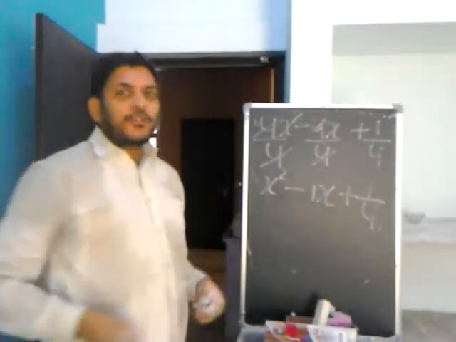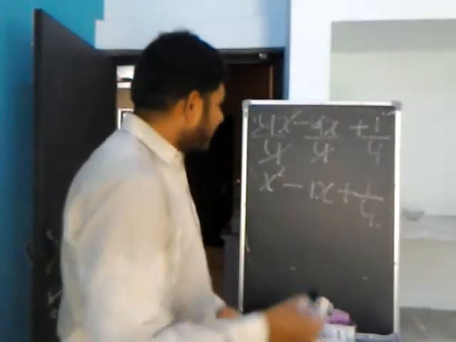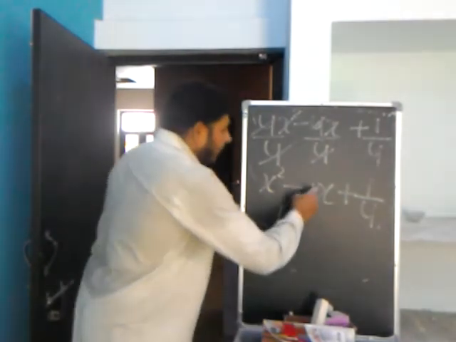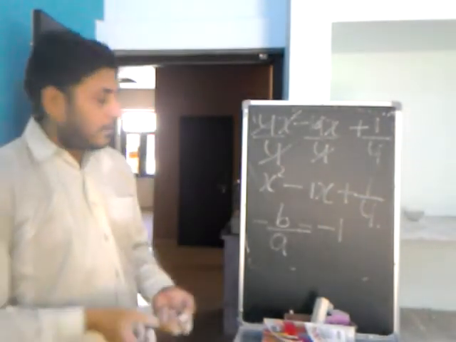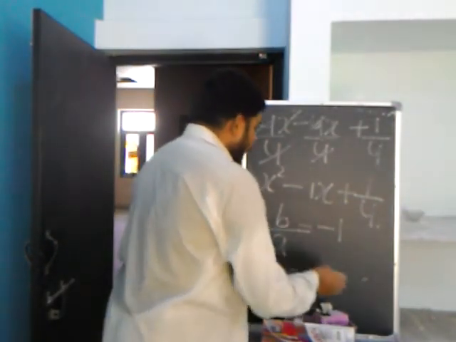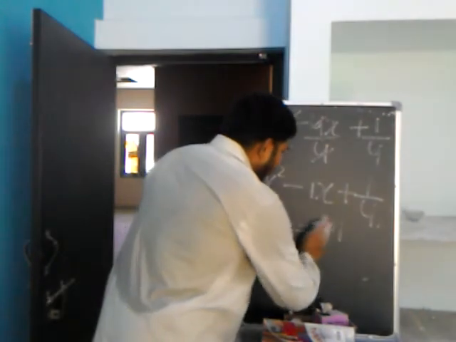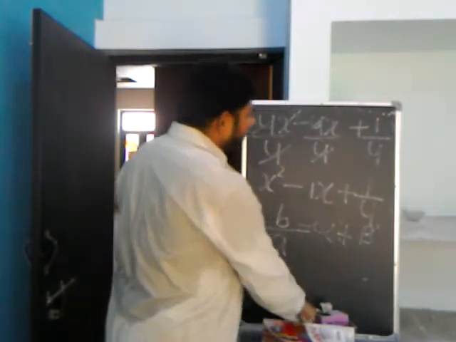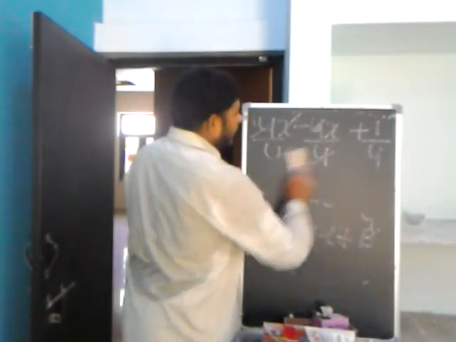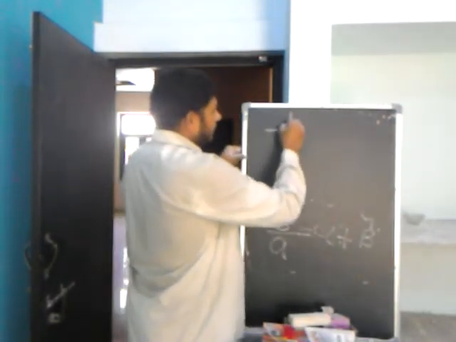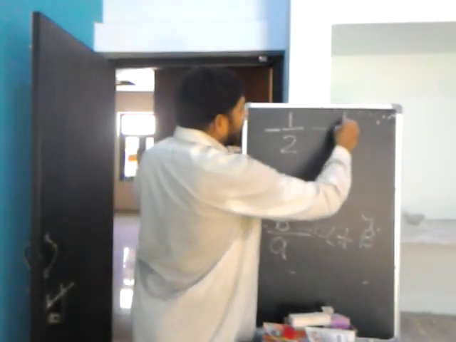Now let us see what is the value of alpha plus beta, that is minus b upon a, which is equal to minus 1. Now alpha plus beta is the sum of zeros. Alpha was minus 1 by 2, beta was minus 1 by 2.